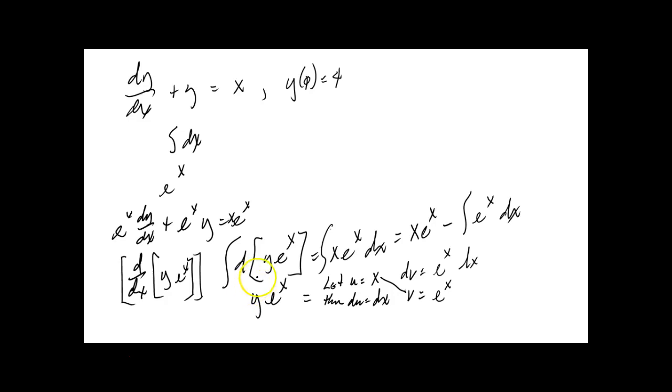So what we have now, filling in the gap here, is y e to the x is equal to x e to the x minus e to the x. And at this point, we need a plus c, I think. Maybe not yet. Yeah, we better. Okay? Now, what do you do next?